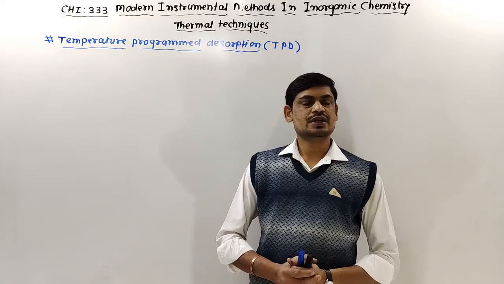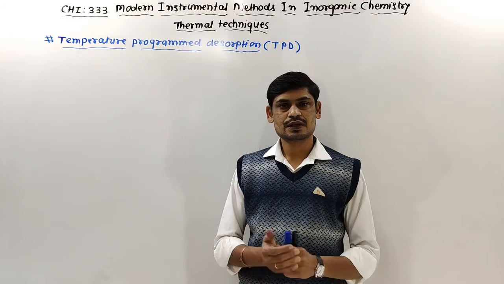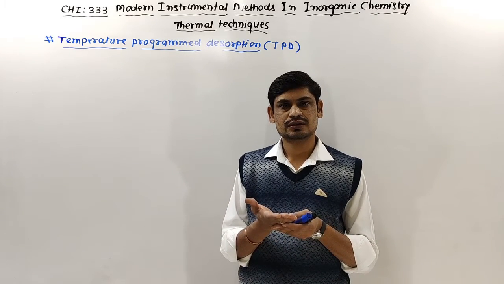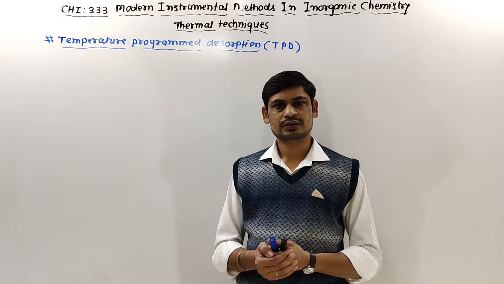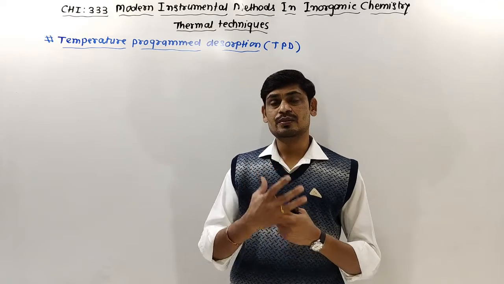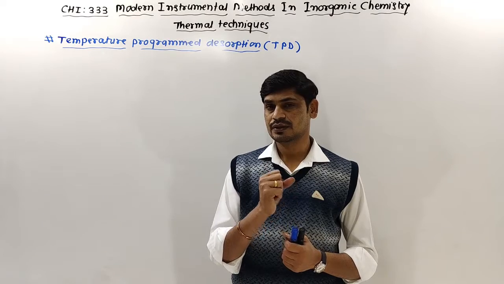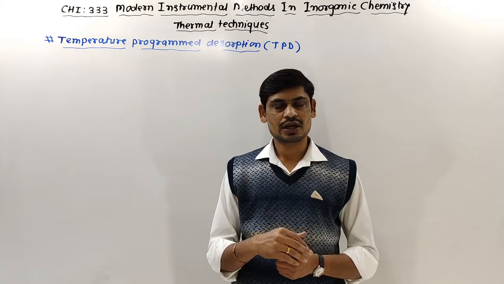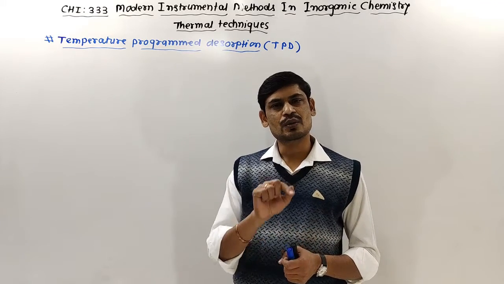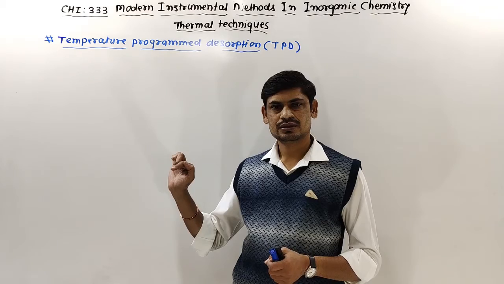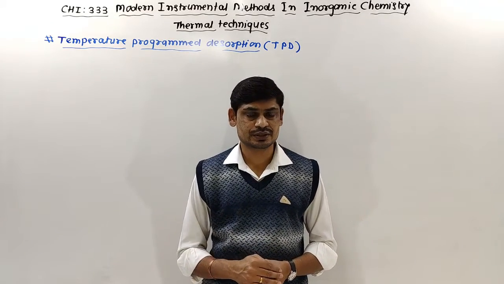So students, to measure the TPD, as per our discussion, the surface is heated and the desorbed molecule is observed. The amount of desorbed molecule, number of active sites, nature of the active sites, and the kinetics of the adsorption is recorded in the form of a peak by using a strip chart recorder, and we will get a corresponding spectrum over here.